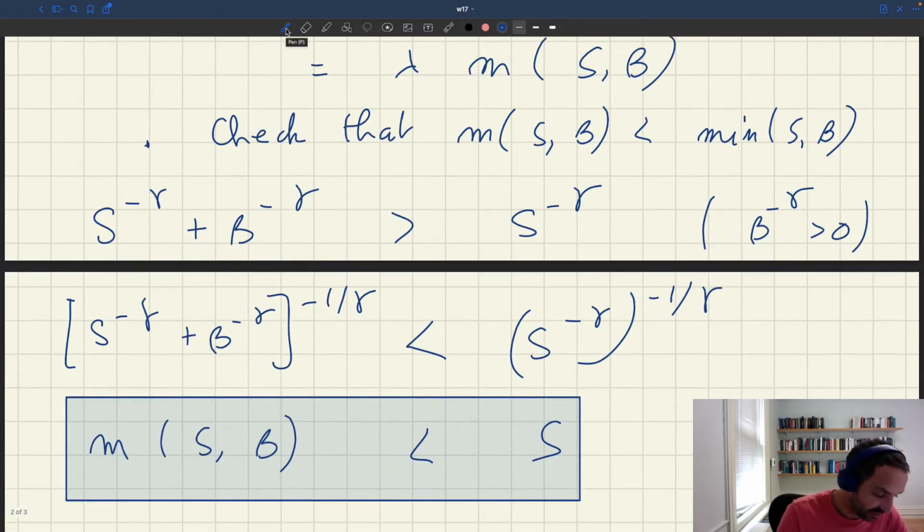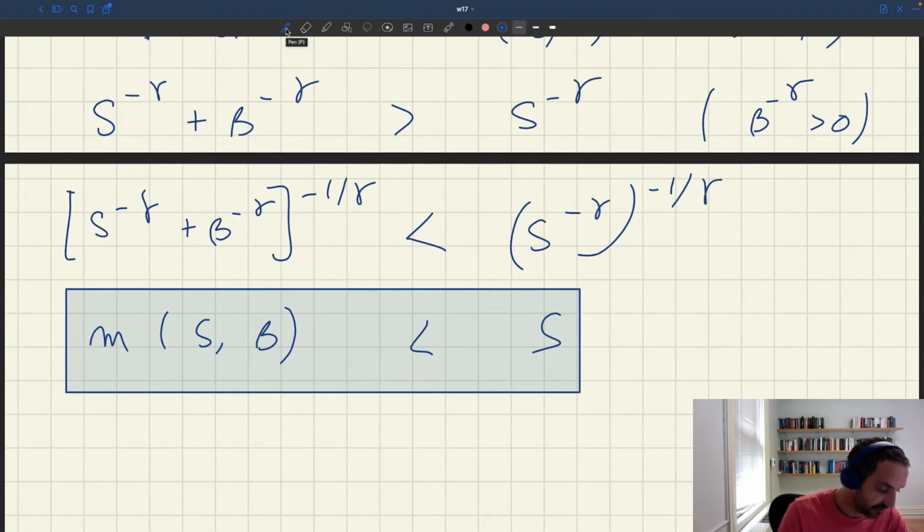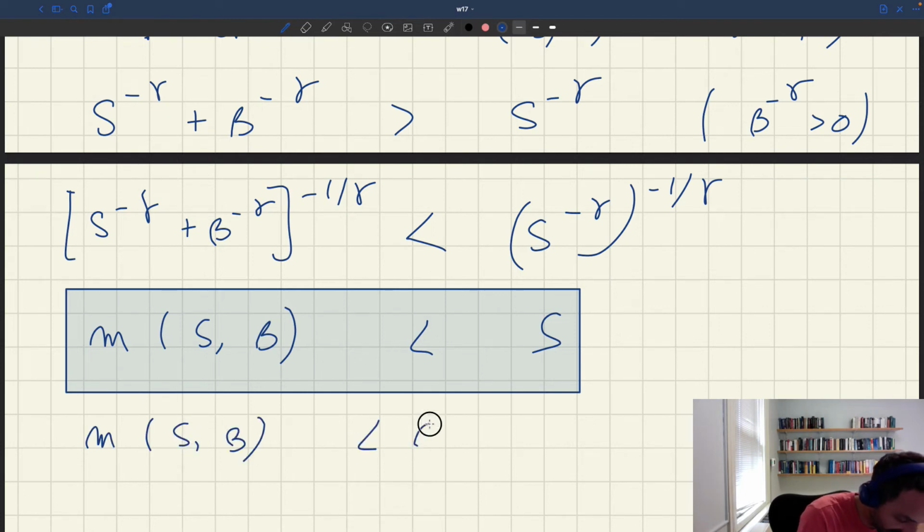But of course, I can do exactly the same with the number of buyers. And what I can then show is that the matching function at S and B is strictly less than the number of buyers, following exactly the same argument.